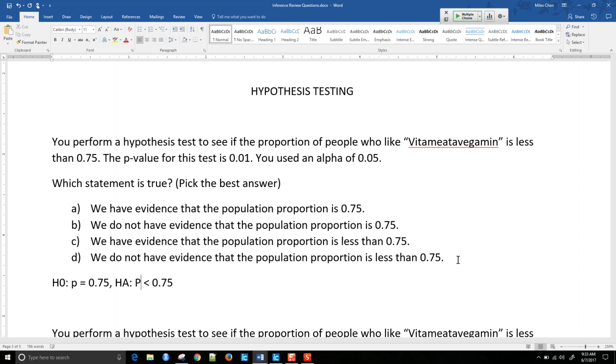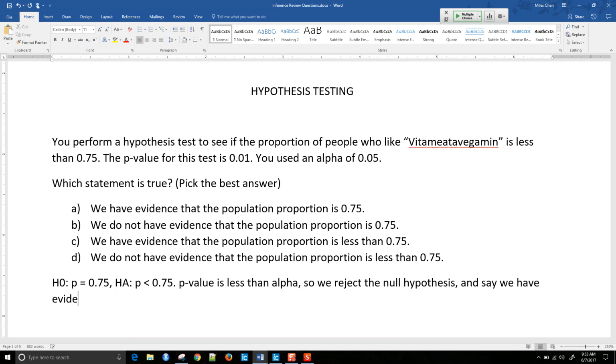And what we did was, with the p-value being 1%, the p-value is less than alpha, so we reject the null hypothesis and say we have evidence to support the alternative. In that case we say we have evidence that the proportion is less than 75%.